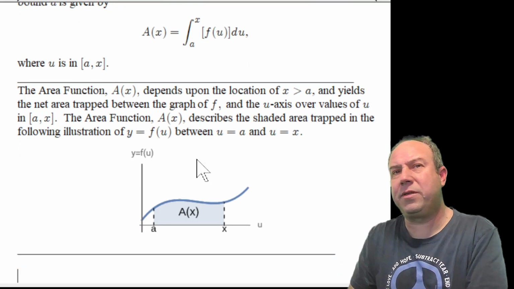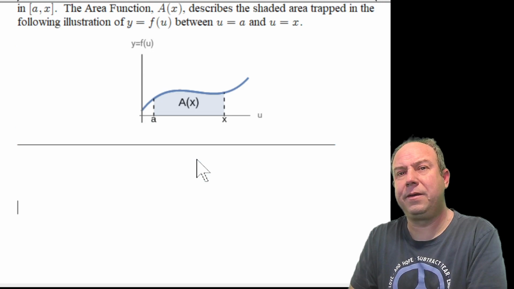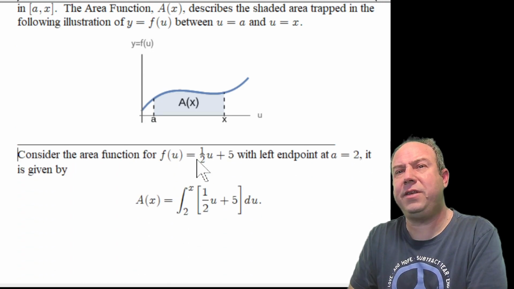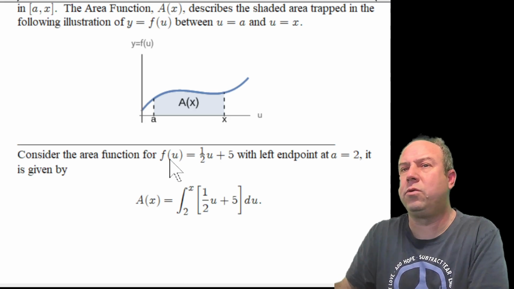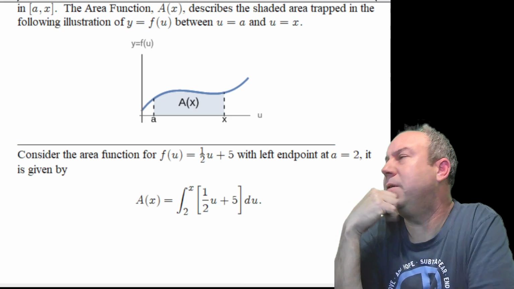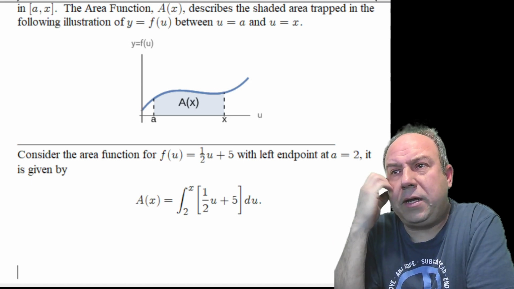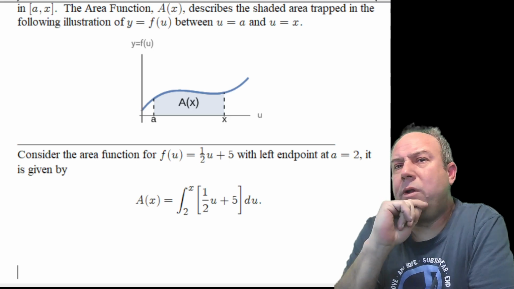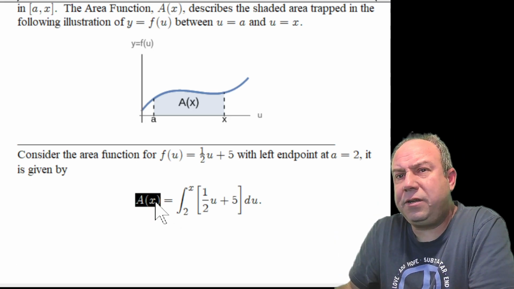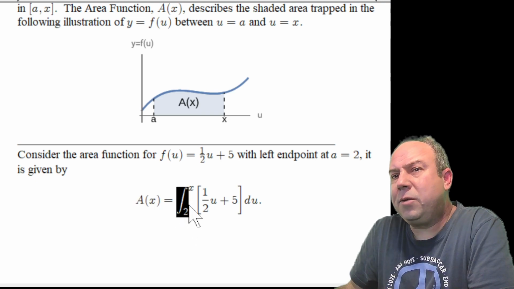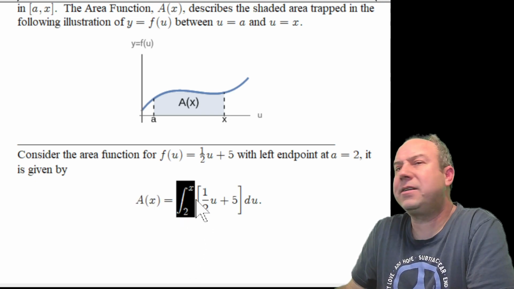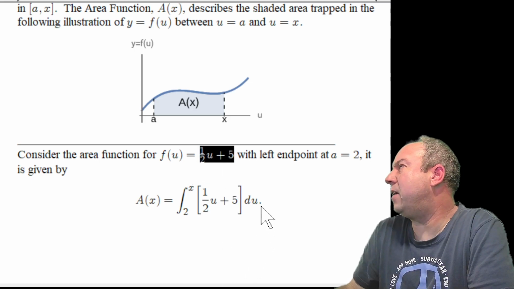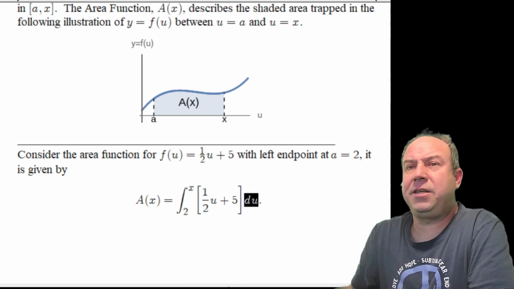Let's illustrate with an example here. Consider the area function for f of u equal to 1/2 u plus 5 with a left endpoint at a equal to 2. Well, in this case, my area function, A of x, is going to be the definite integral from 2 to x of my function f of u, which is 1/2 u plus 5, all integrated with respect to u.